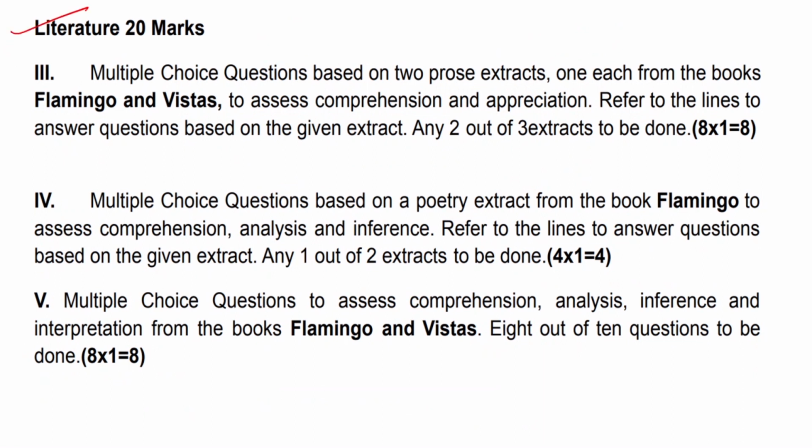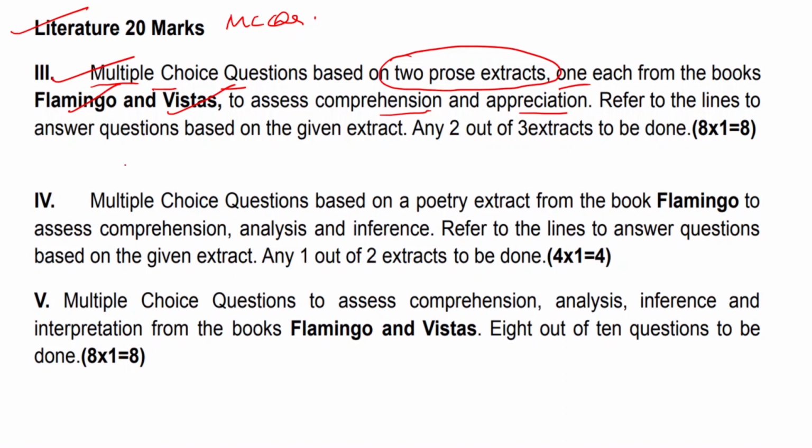Then literature section, 20 marks, MCQs. Let us check. Multiple choice questions based on two prose extracts, one each from the books Flamingo and Vistas, to assess comprehension and appreciation.